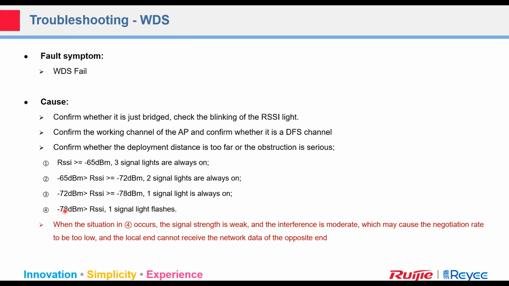If it's less than 78, the one light signal will flash. If the number 4 occurs, it means the signal strength is very weak, the interference is moderate, so it can cause the negotiation rate to be very low.